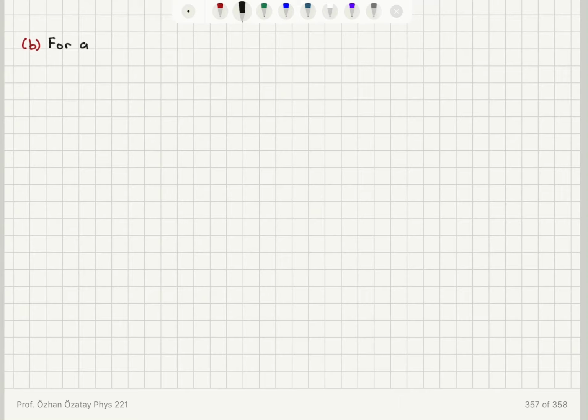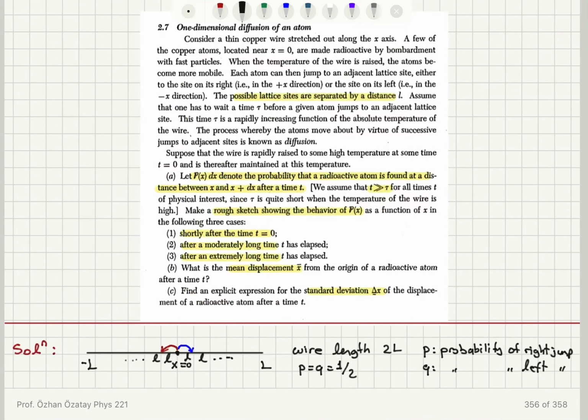for a given time interval t, I can count how many total number of jumps I can have. Since each jump takes a time tau, so one has to wait a time tau before a given atom jumps to an adjacent site.